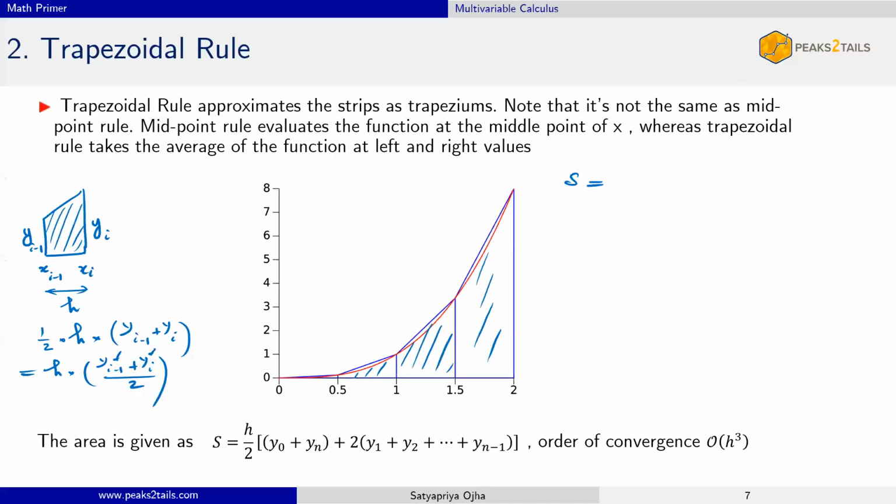So next we'll look at something even more sophisticated. Okay, please remember, trapezoidal rule basically does a linear interpolation between the points of the curve because it's a straight line, and then the whole thing becomes a trapezium, so it approximates the area.